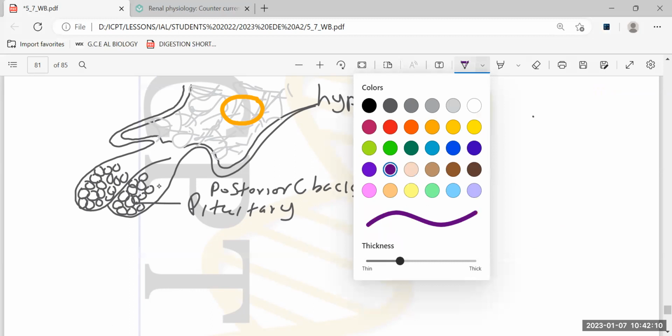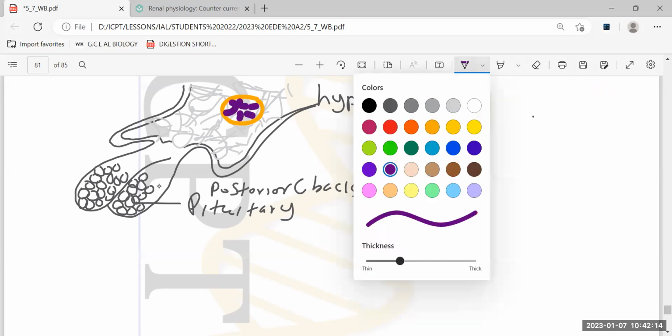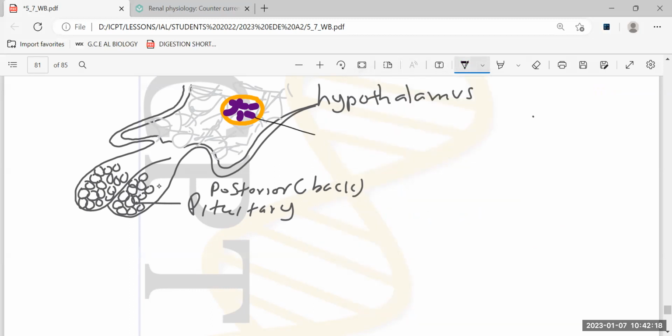I just draw it like this, and these neurons are considered the osmoregulatory center. So specialized neurons make this osmoregulatory center.